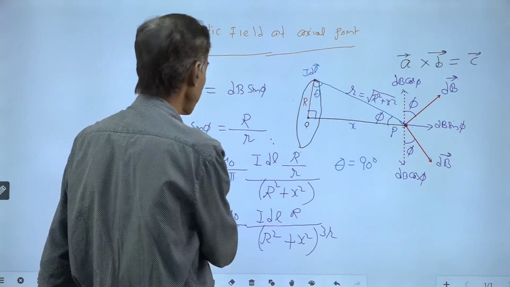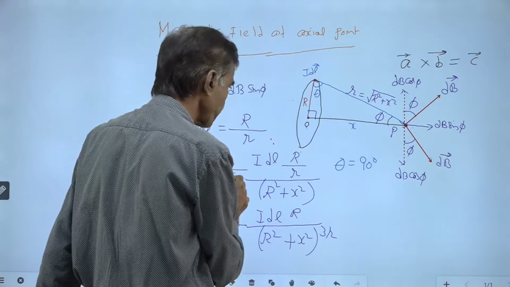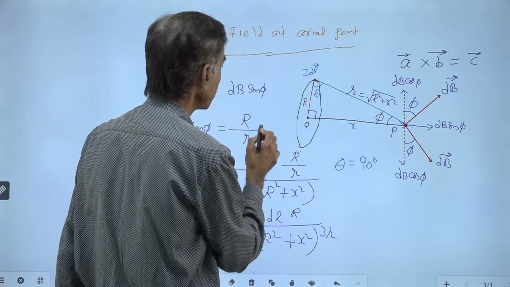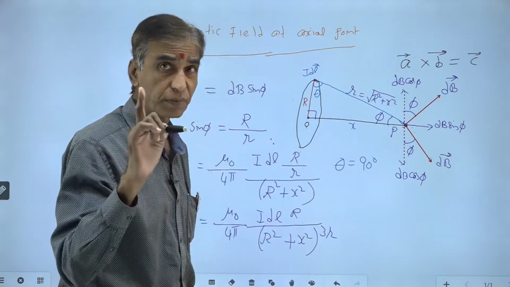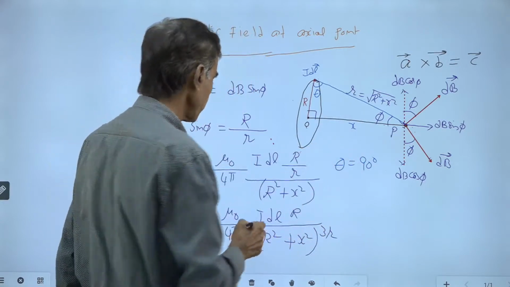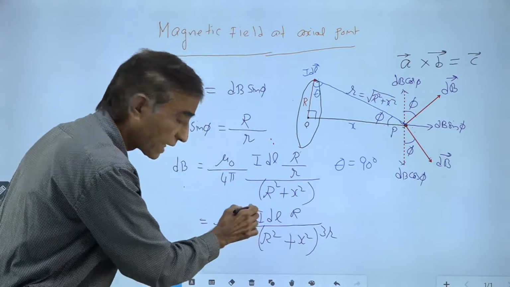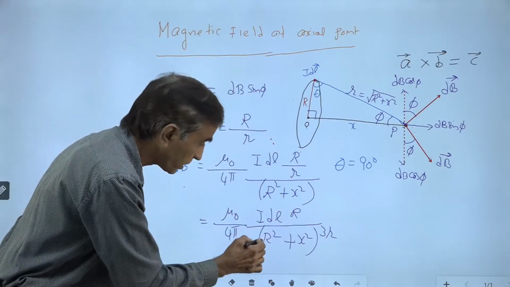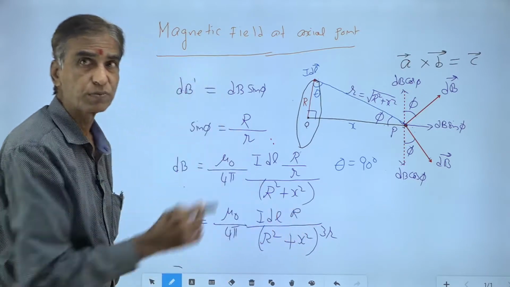So what we have here: dB is equal to mu naught by 4 pi I dl sin theta. Sin theta, we have already taken as 90 degrees, therefore it will be equal to 1. So now we can write mu naught by 4 pi I dl into R divided by (R square plus x square) whole power 3 by 2.